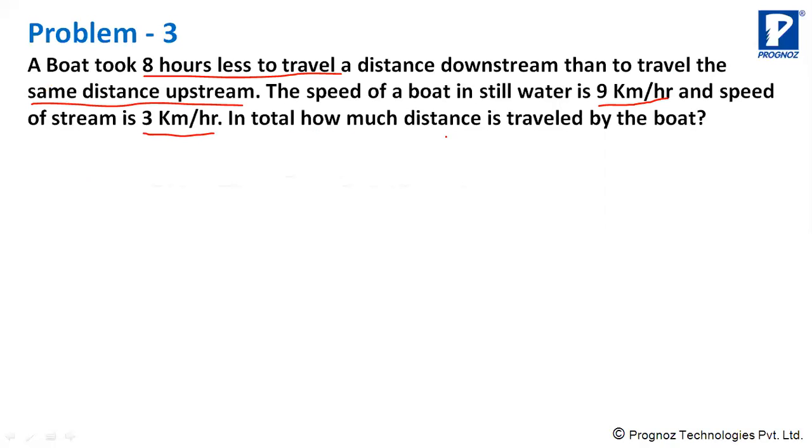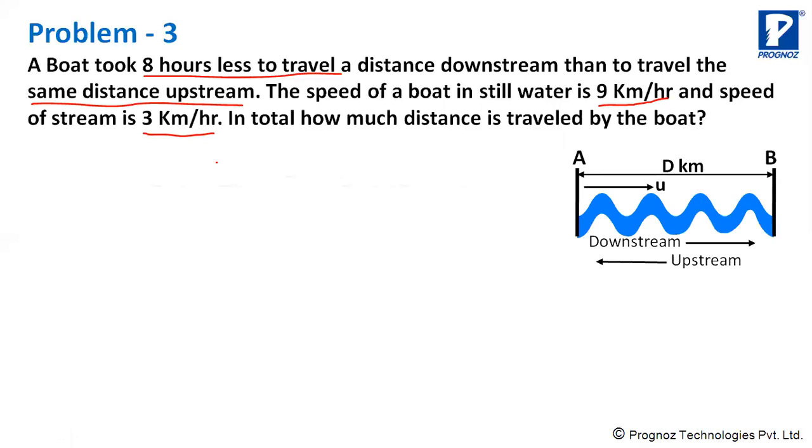In total, how much distance is traveled by the boat? So now it is asking what is the total distance which the boat traveled. Let's see. In this figure, let's say the boat travels from point A to point B. It goes from point A to point B and then comes back from point B to point A. And the distance between A and B is d kilometers. Suppose the direction of the stream is this.